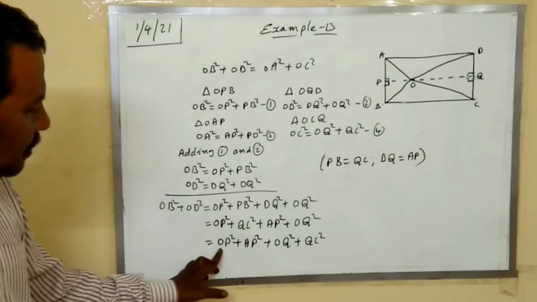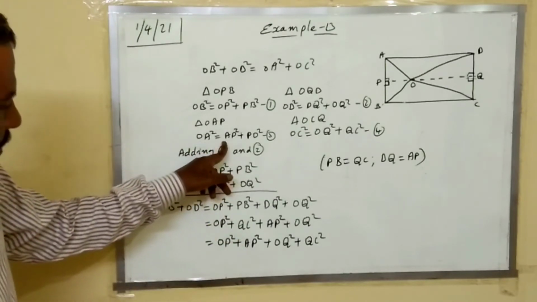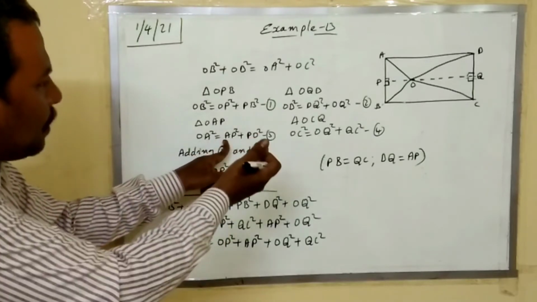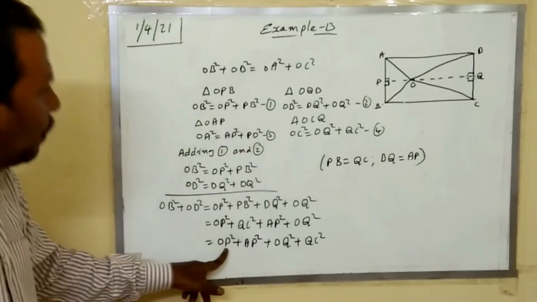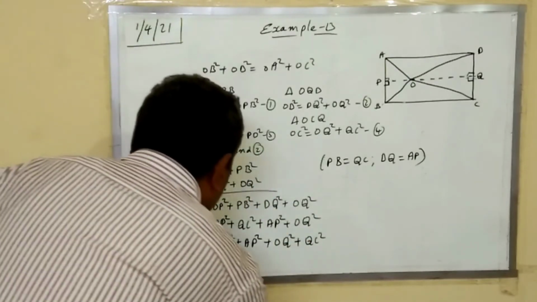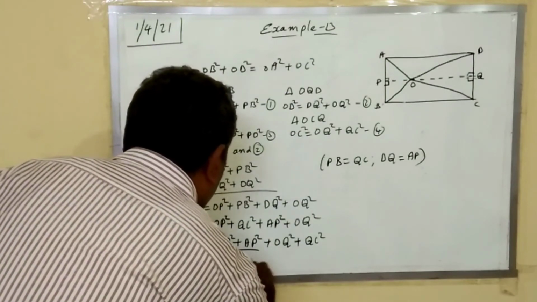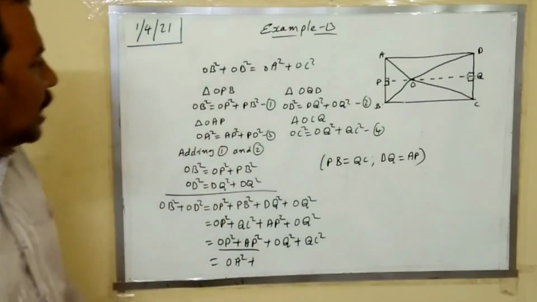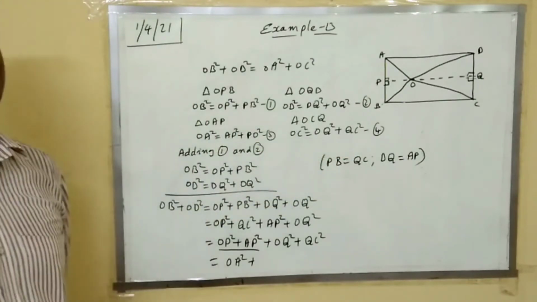So OP square plus AP square is equal to AO square, since PO is equal to OP, both are equal. And OQ square plus QC square is equal to OC square.